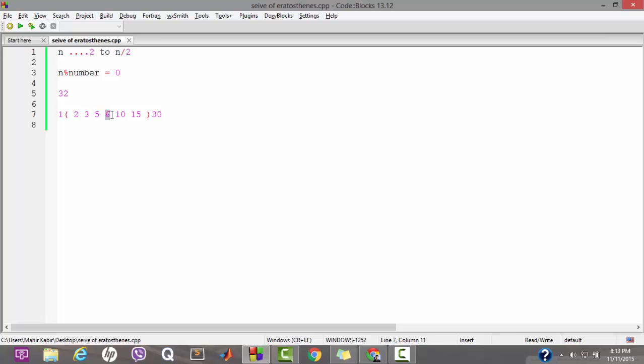For 6, however, we can get 6 by multiplying 3 and 2. These 3 and 2 were previously found factors of 30. Same goes for 10. We can get 10 by multiplying 5 and 2. We can get 15 by multiplying 3 and 5.